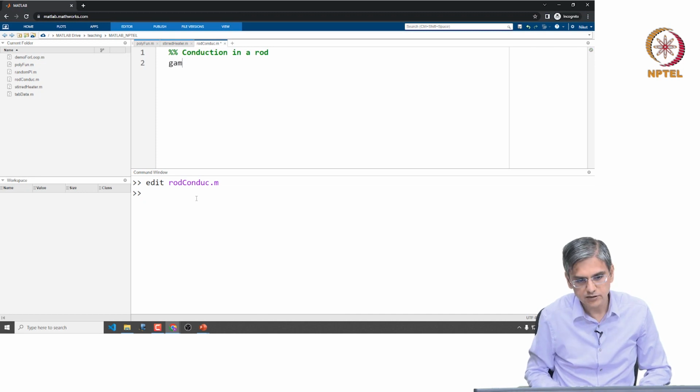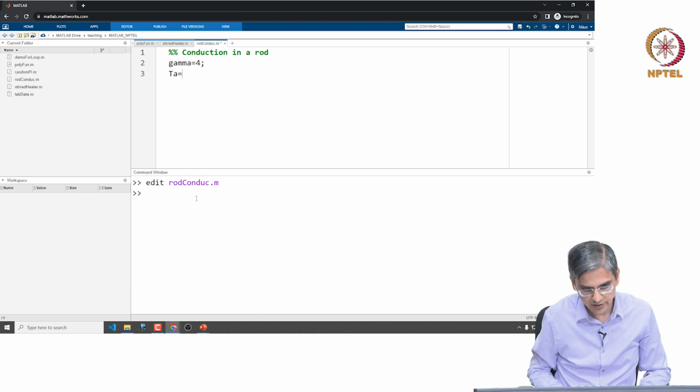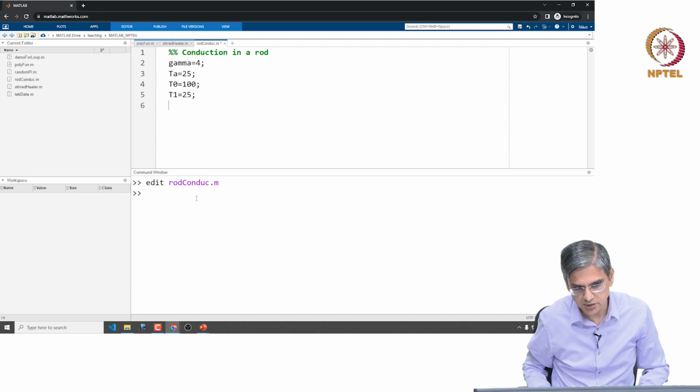Gamma, I think that we had used earlier, was 4.0, TA is 25, T0 is equal to 100, T1 equal to 25. These are the overall conditions.